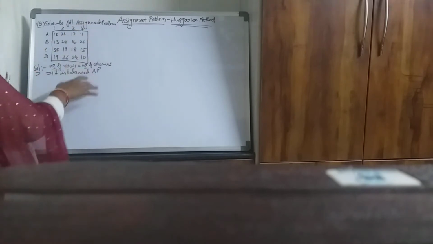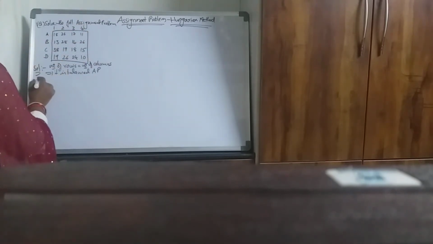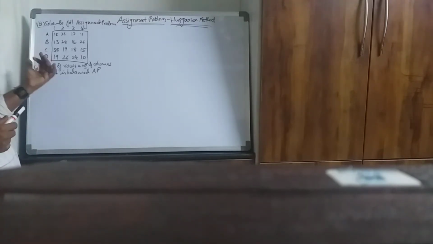Then you have to add a dummy row with 0 cost. Same as we did in a transportation problem, in the same way we have to do in assignment problem also. Because here number of rows is equal to number of columns, it is a balanced problem, so no need to add any dummy rows or dummy columns.